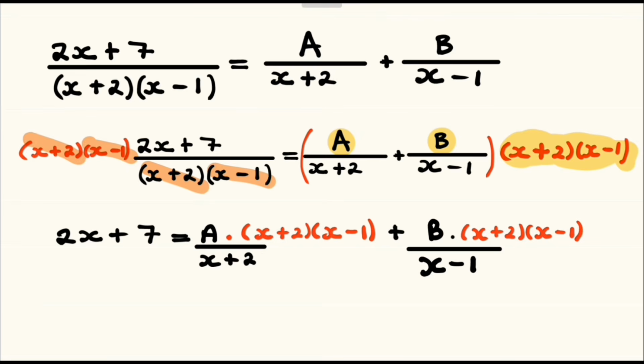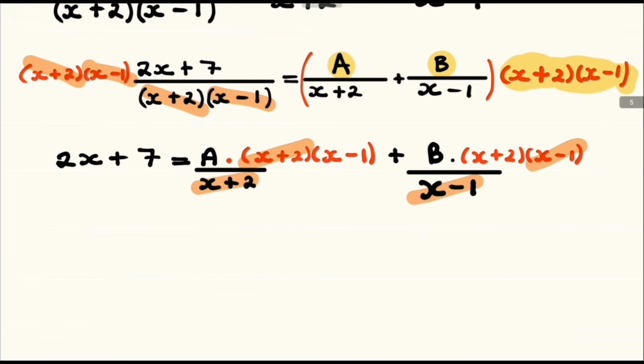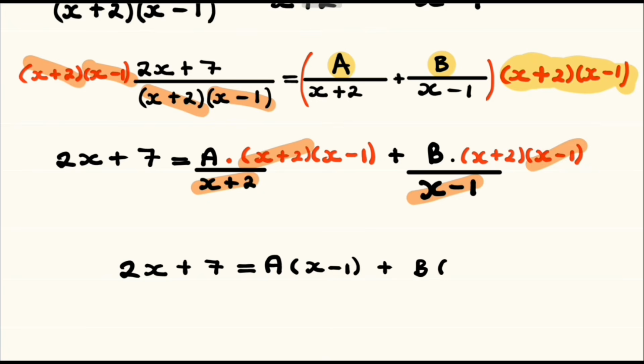And we can see that the x plus 2 and that x plus 2 will cancel out, and the x minus 1 and the x minus 1 will cancel out, and we'll be left with 2x plus 7 equal a multiplied by x minus 1 plus b multiplied by x plus 2.